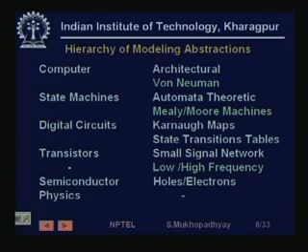Again, transistors are made up of semiconductors. So semiconductors have physical models: electrons, holes, energy bands. But you obviously will not describe a state machine as a set of transistors. So there is a whole hierarchy of abstractions.